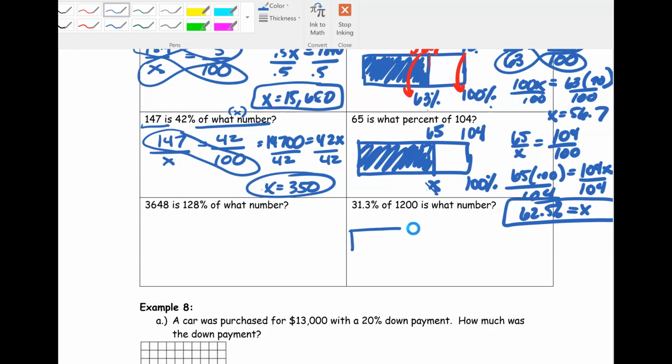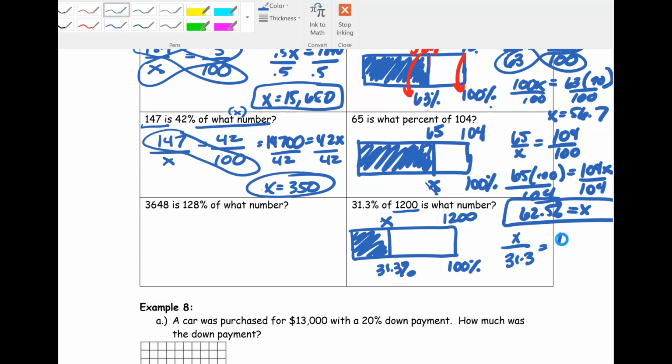Okay, and then let's do one more like that. So I'm going to draw my rectangle. 31.3%, so that's like a third of the way. So I'll do my percentage of 1200. So my of number, the total number, goes at the top. Is what number? We don't know, but we're going to find out. And then 100% goes there. So x over 31.3 equals 1200 divided by 100.